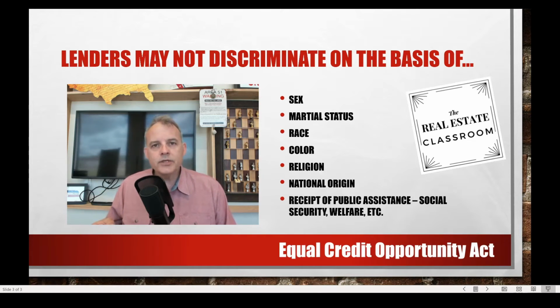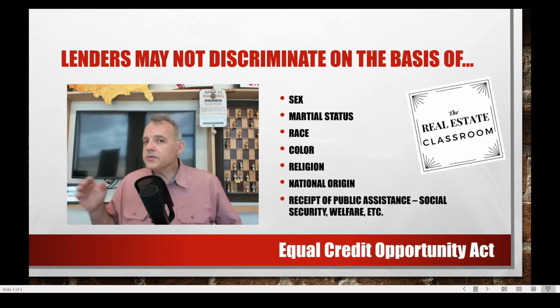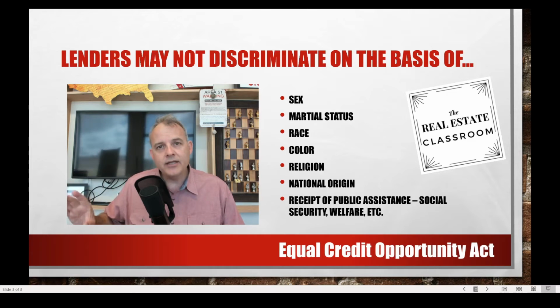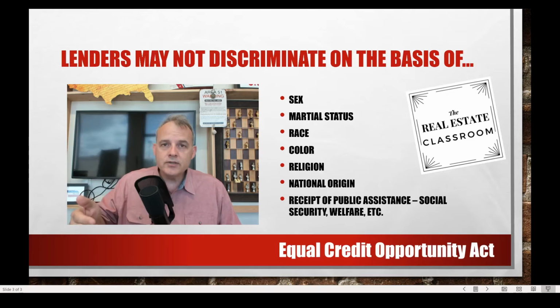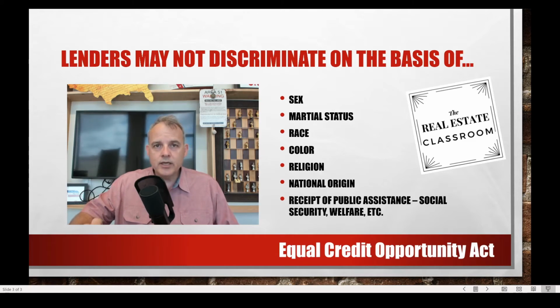That particular provision was included to protect those that receive income from Social Security disability, welfare, those type of things. All right, so these particular protected classes are specifically and narrowly for this law only. Some of the other federal laws have added additional protected classes. So what you need to know for the licensing exam is the Equal Credit Opportunity Act. Here are the protected classes that are protected under this law.